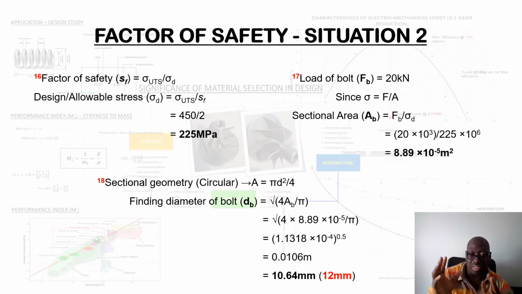So they come in even number sizes. So the next available ideal bolt size would be 12 millimeters, which not only safeguards the safety factor as specified, but also adds some additional buffer, okay, to ensure that the material operates within its elastic region.